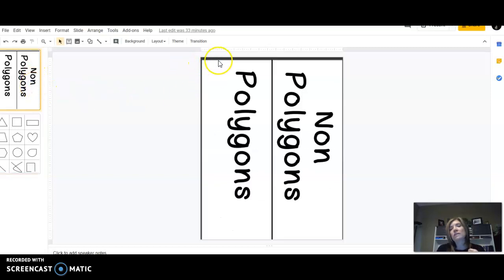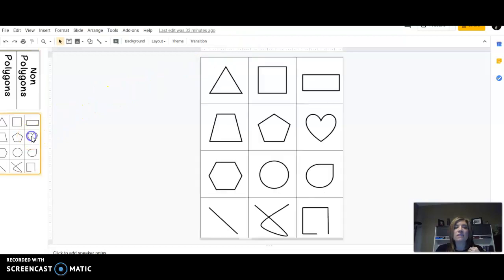You will print this page and then you will cut these 2 boxes apart. And they're going to be headings on the top of a page. So at the top of a page, you would glue the words non-polygons on one side and polygons on the other side. Okay? And then you're going to cut out each shape.